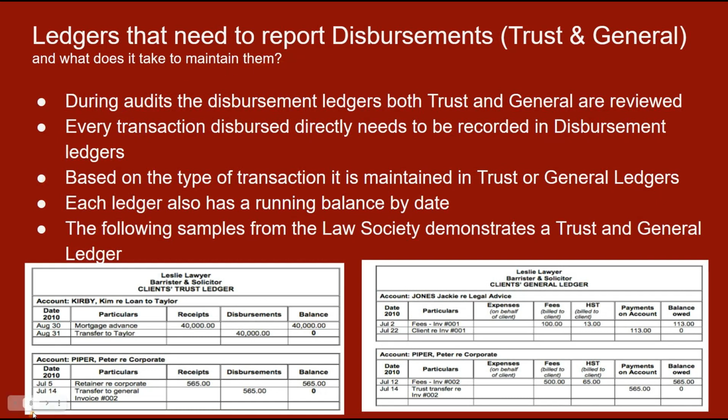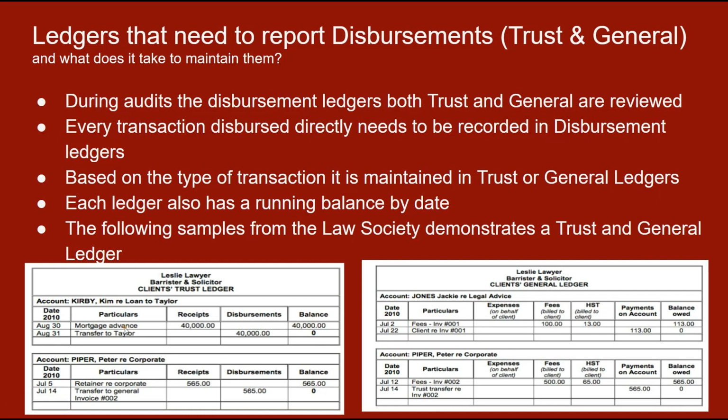Now let me move on to the journal. So before I move on to that, let me quickly highlight the data components that you see here within a ledger. As you can clearly see, you have the date, important particular as we discussed for you to capture, the actual details, the particulars of that transaction, what was it for?